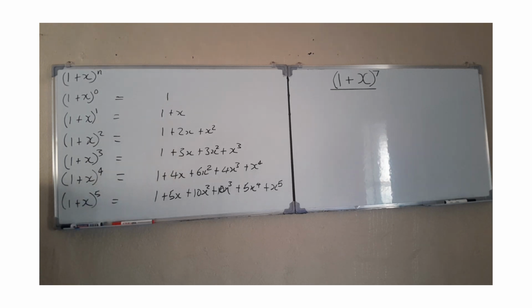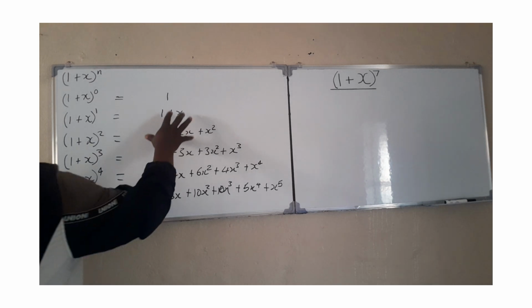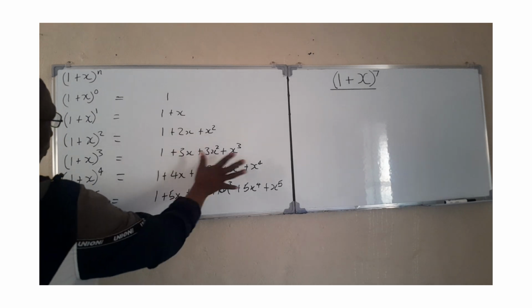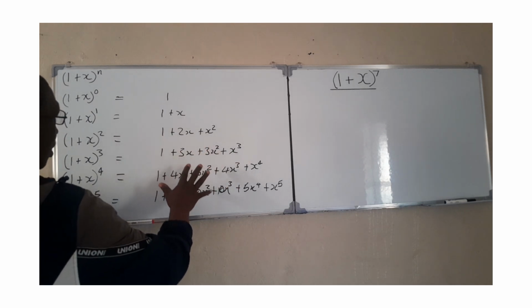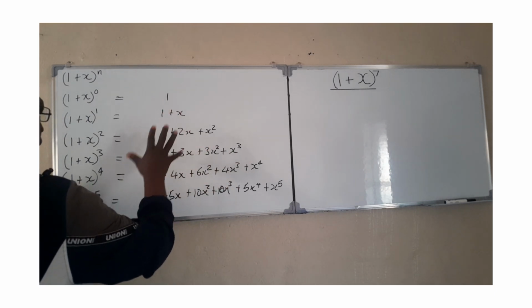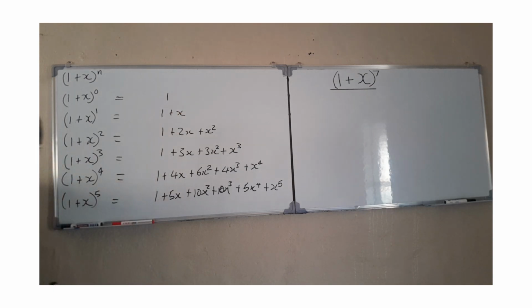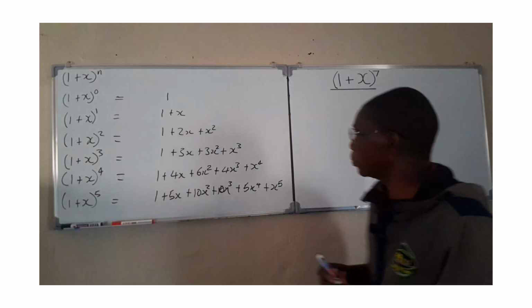Okay, so let's come over here to the other board and collect all the coefficients of the x terms. We are not going to be worried about the x's themselves. Let's just collect them together and put them in a nice pyramid-like shape. Okay, this is what I mean.